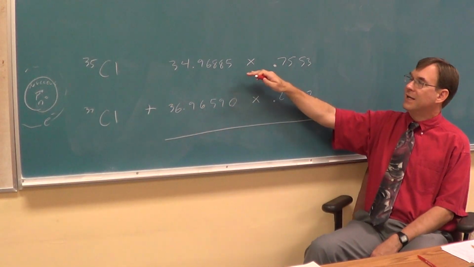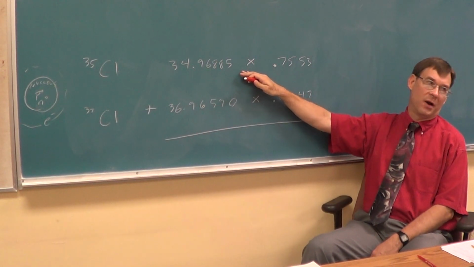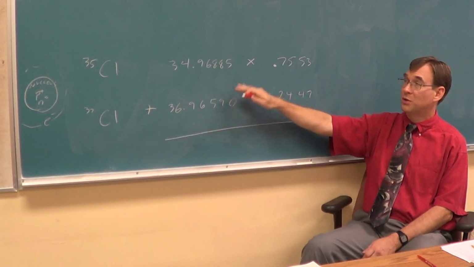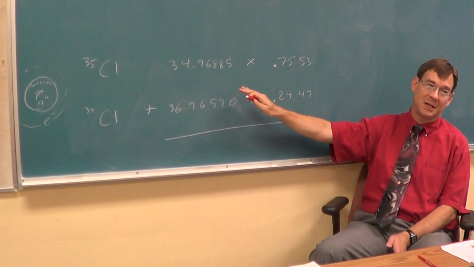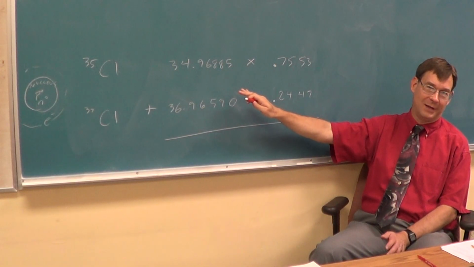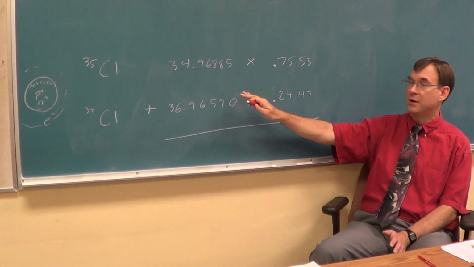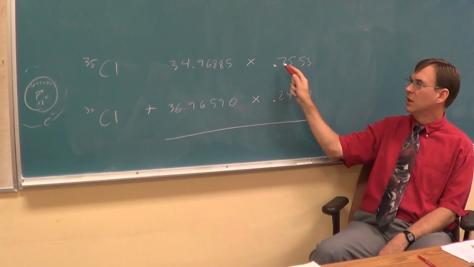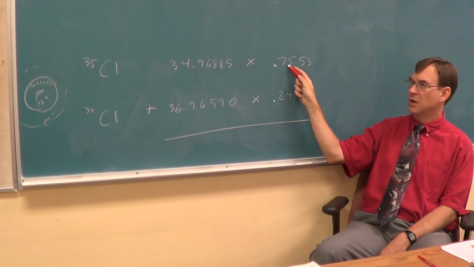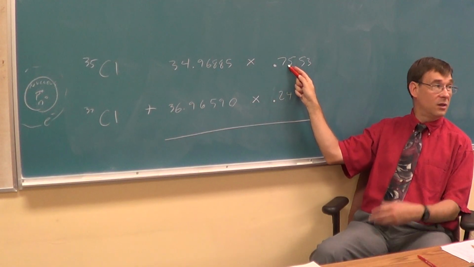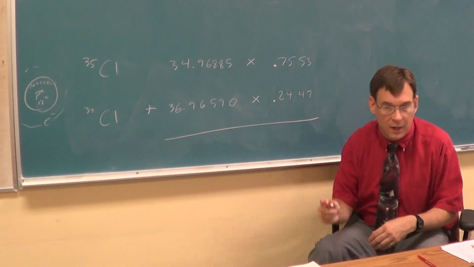The answer has to be somewhere in what range? Between the two. Okay, so if you're averaging 35s and 37s and you're not coming out somewhere between 35 and 37, like something bad has happened, rerun your math. There's a little bit more of the 35, so you'd expect the answer to be a little bit closer to 35.